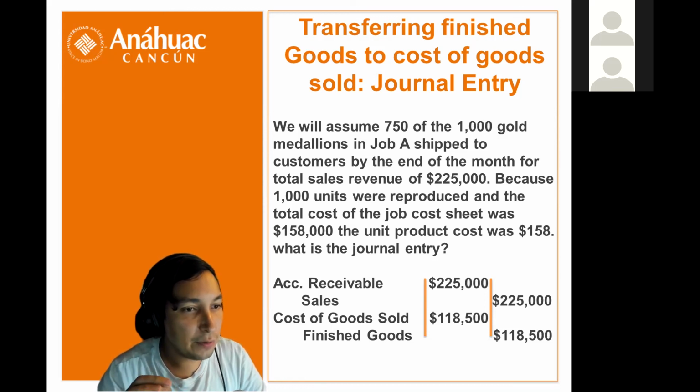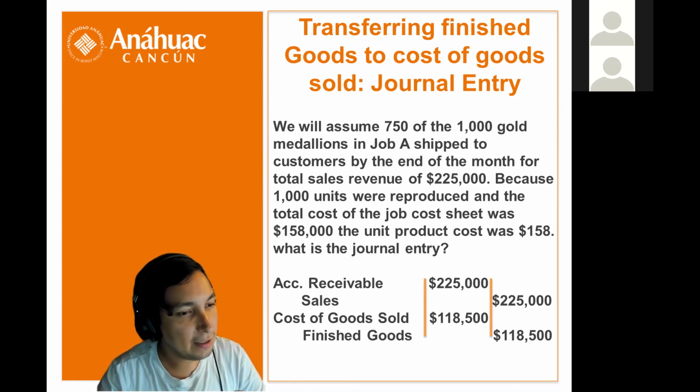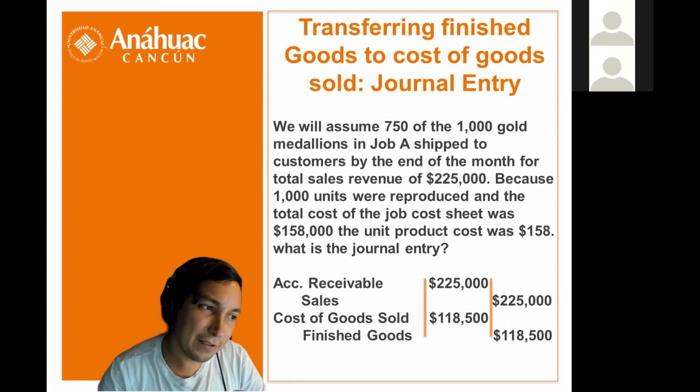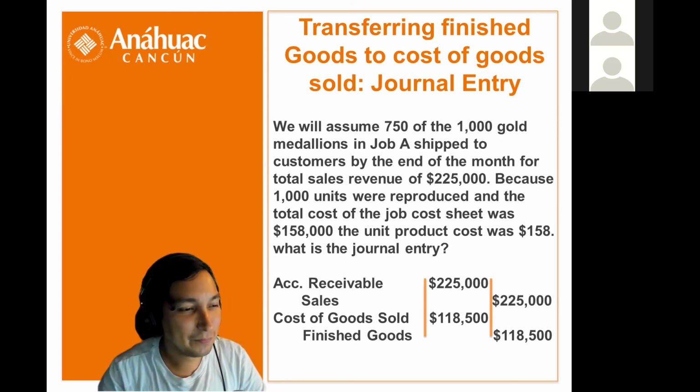The unit product cost was 158. What is the journal entry? Accounts receivable, debit, guys, sales, credit, and obviously you also have your cost of goods sold, which is 118,500. Well, and you credit the finished goods.